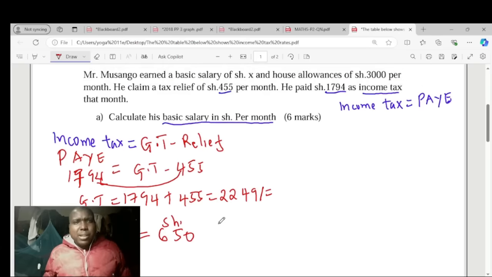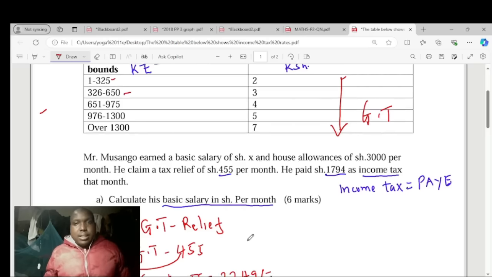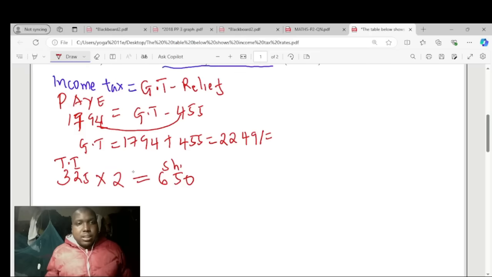Next one, unafanya the difference. 650 minus 325 itakuwa 325. The next one ni this minus this. So this one will be 325 times the next one is 3, and this one will give us 975.